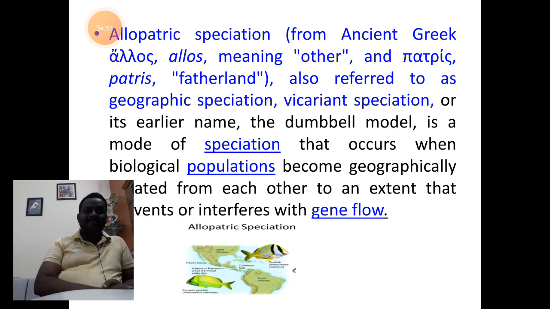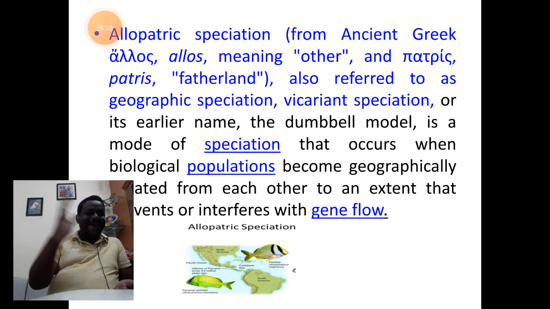Students, remember here, genetic isolation forms new species which are reproductively isolated. And this process we call allopatric or vicariant speciation. Allos in Greek means different or other. Patros means fatherland. So the fatherland of the new species is totally different here. Fatherland refers to the ancestor.